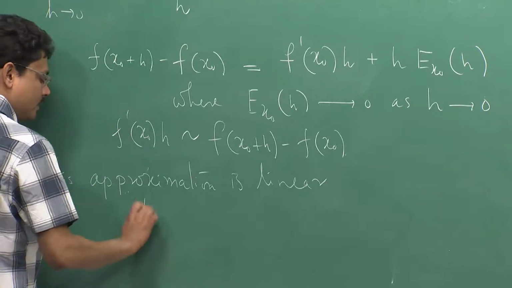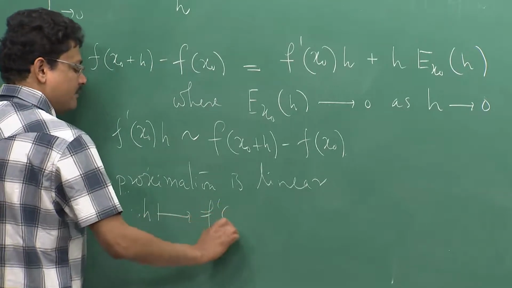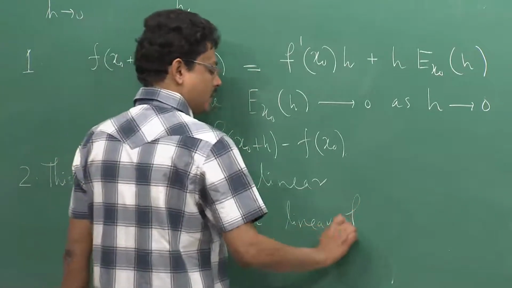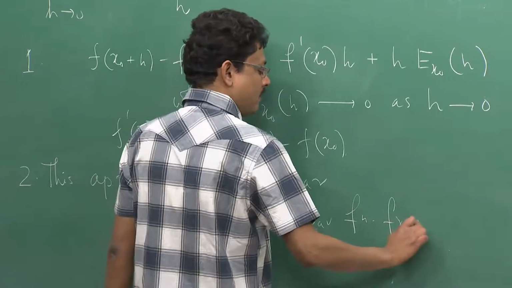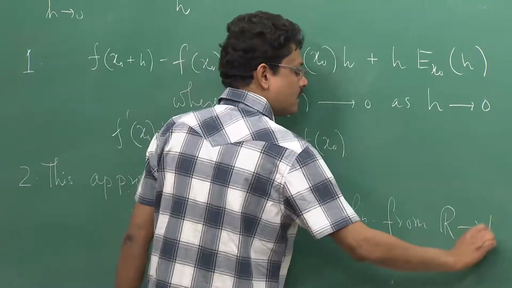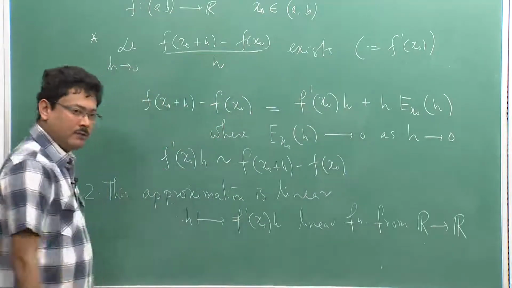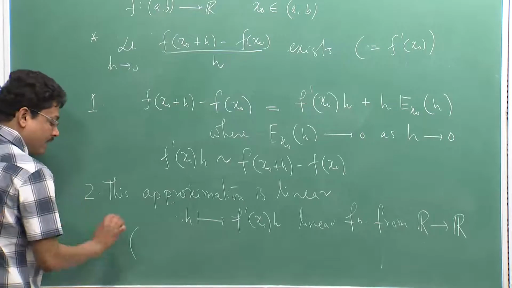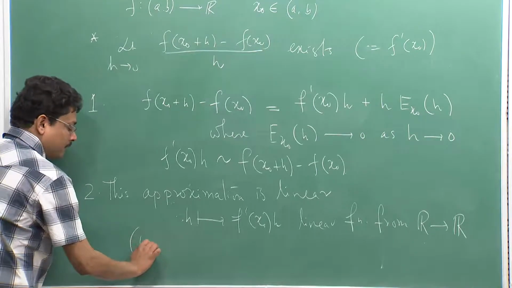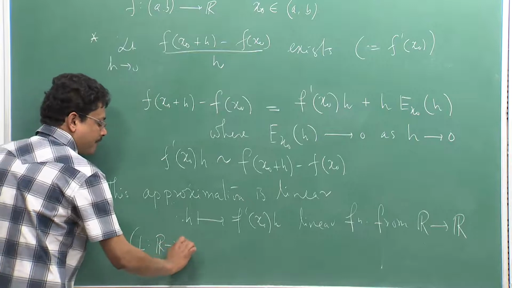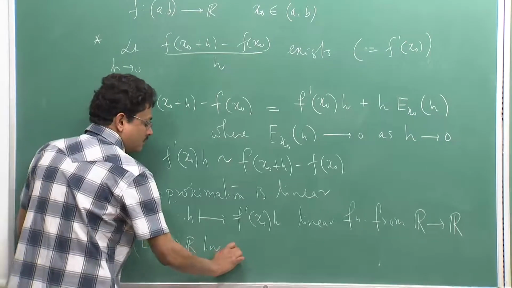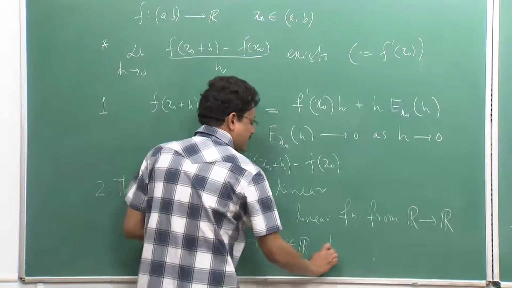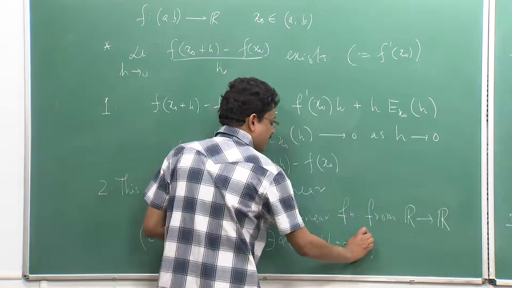That h going to f prime x naught into h, this is a linear function from R to R, because any linear function from R to R is given by alpha in R such that L of h equal to alpha h by multiplication. Listen to me carefully.